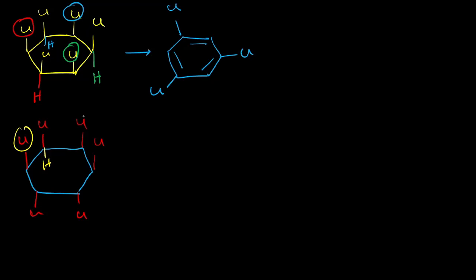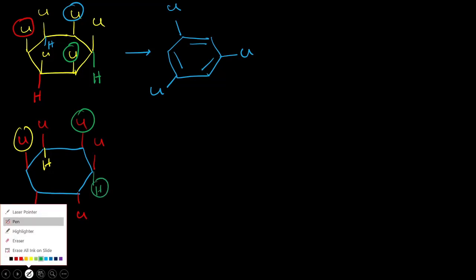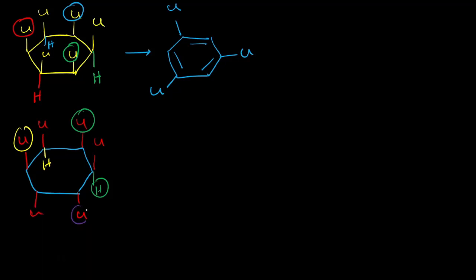For this chlorine we have one hydrogen below the plane, and for this chlorine we have one hydrogen above the plane. So you can remove those HCl, and finally we will end up with again a similar type of molecule.